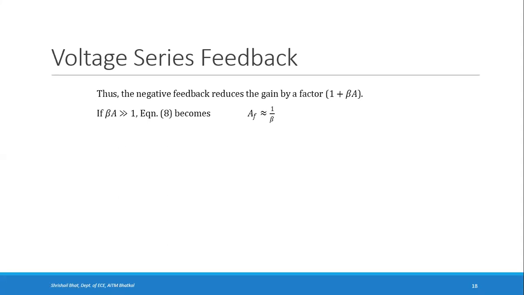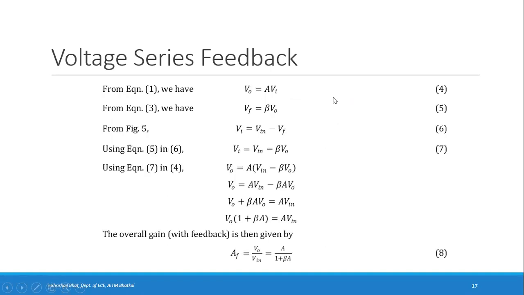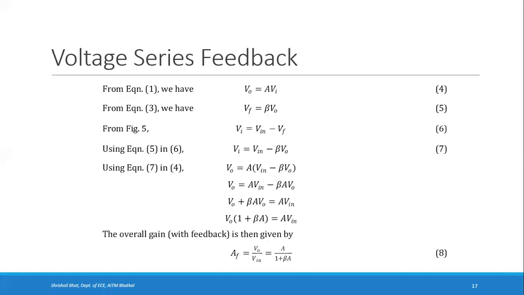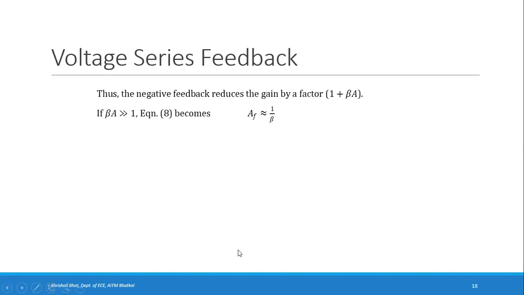So we can make an assumption that if beta A is very much greater than 1, what happens here? AF is approximately equal to 1 by beta.